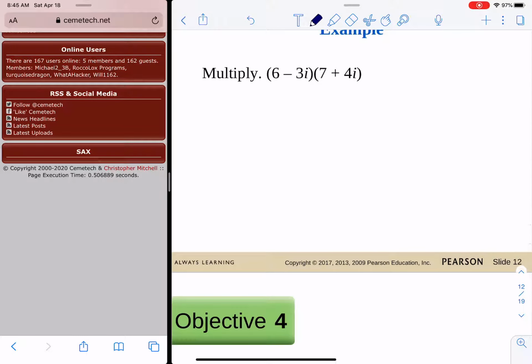So this is the case where we have to distribute or FOIL and simplify.